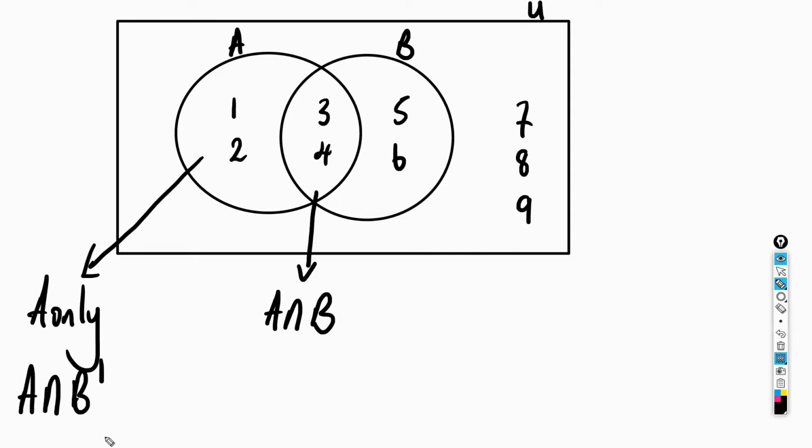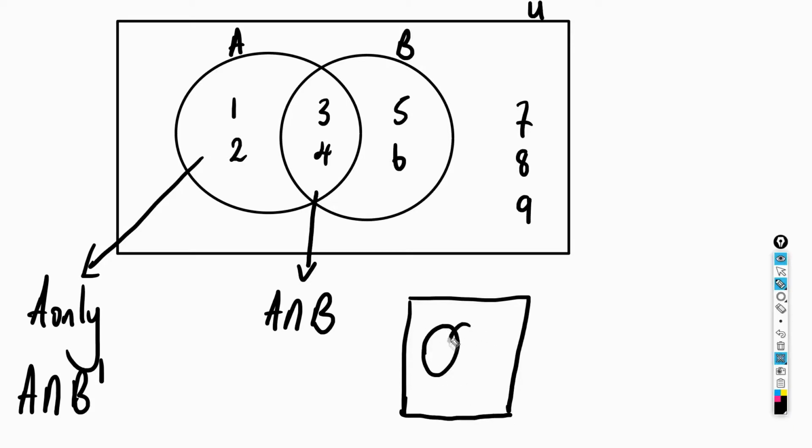Okay? And let me just try to explain that. Let me just draw a rectangle here. Let's say we have A and B, just like in the example above. Then we have B prime here.